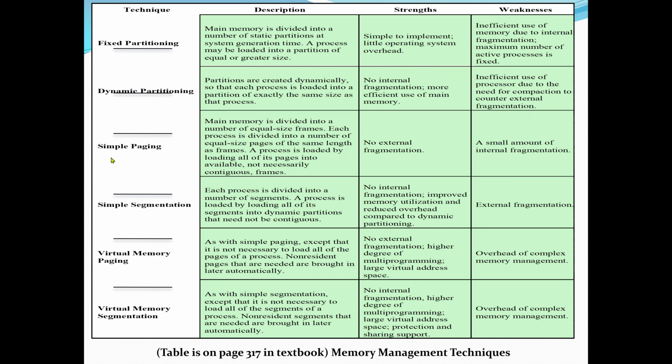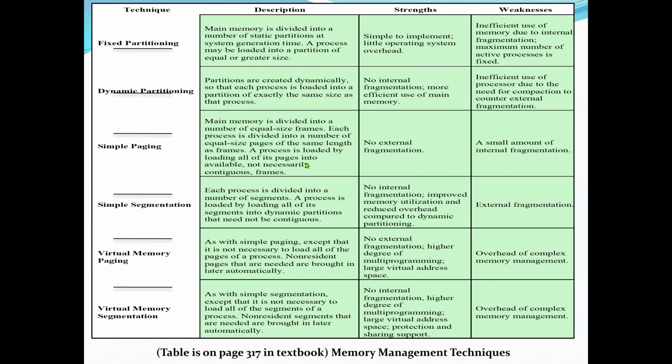Another method is simple paging. So we have paging and segmentation, which normally involve virtual memory, but simple paging does not. In simple paging, the main memory is divided into a number of equal-size frames, and each process is divided into a number of equal-size pages of the same length as the frames.